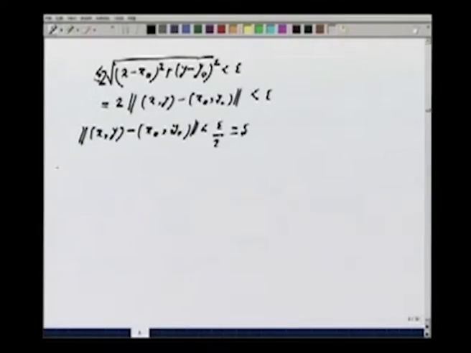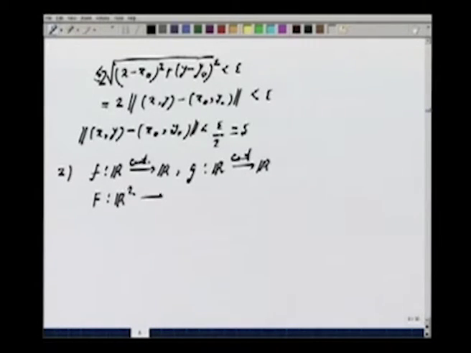For example, let us say f from R to R is continuous and g from R to R is continuous. Now I define a function capital F from R2 to R by the following rule, that F(x, y) equals f(x) into g(y).